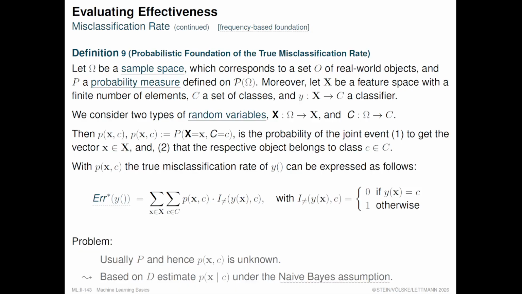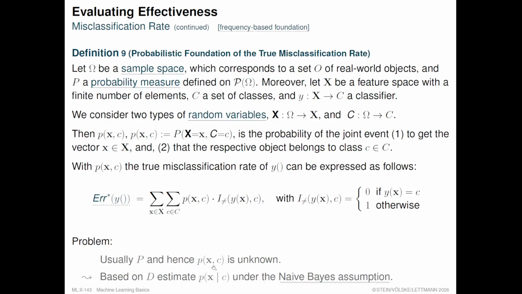So what's also another problem? We don't know this probability, because this would require insider knowledge about how the whole process underlying my ML model works. We don't know all possible combinations, we don't know all possible ways to assume these classes, but what we can do is, for a certain given class, estimate the probabilities that some features come up, and we can do that under a certain assumption, the naive Bayes assumption, and we'll get back to that in a minute.